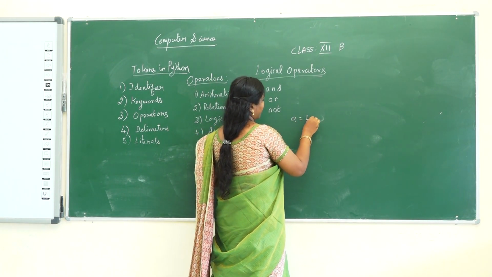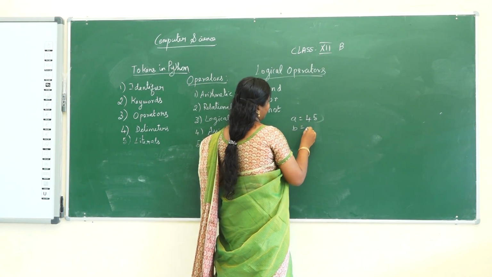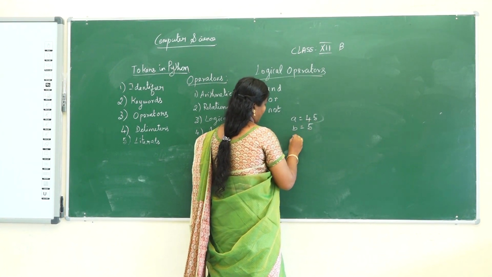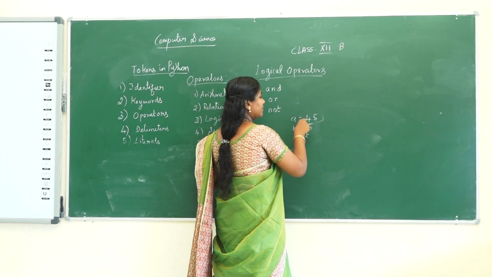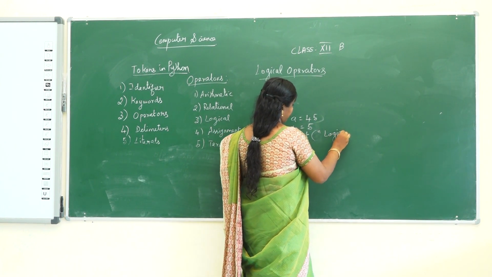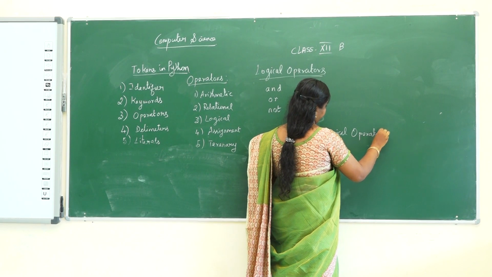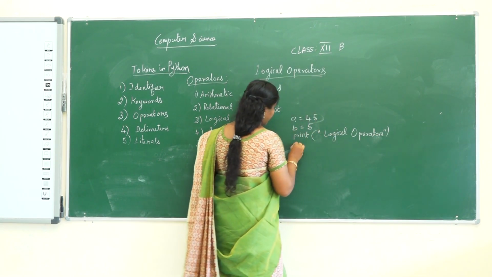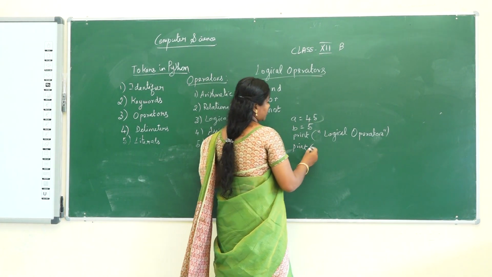So A is equal to 45 and B is equal to 5. Print. I am giving the values in the program itself. Print logical operator. So print and, or, not.